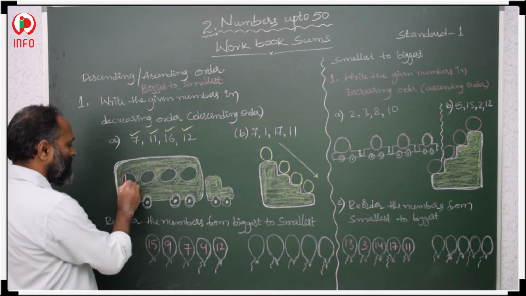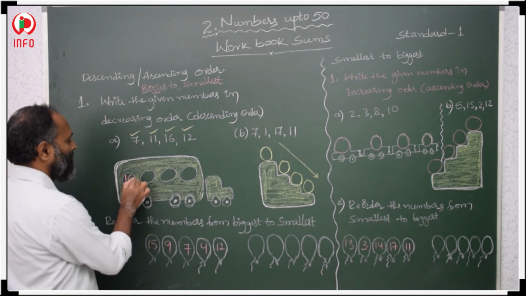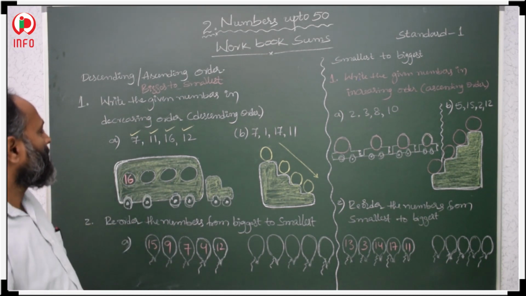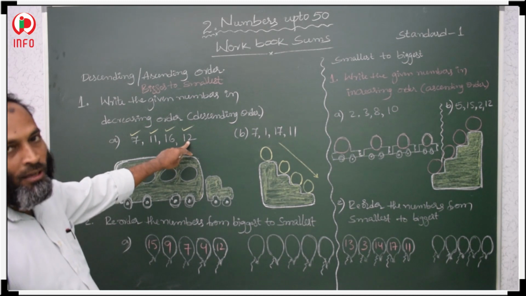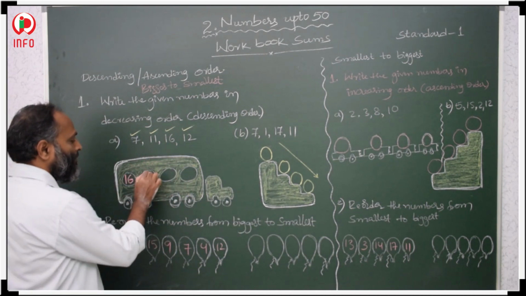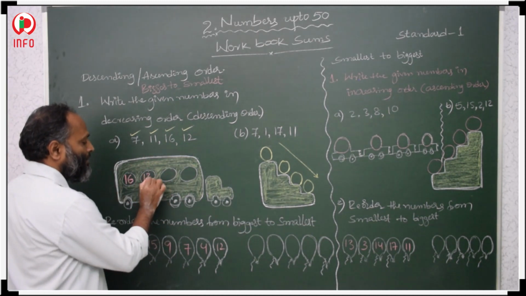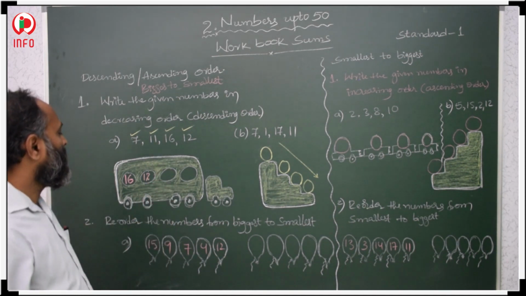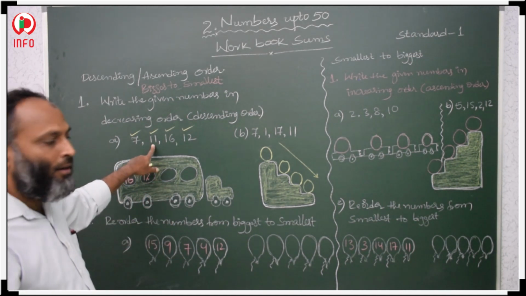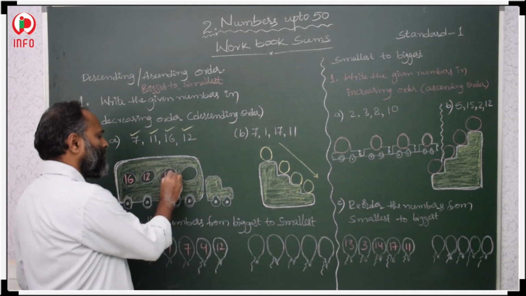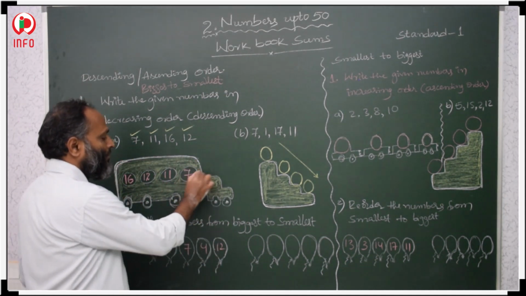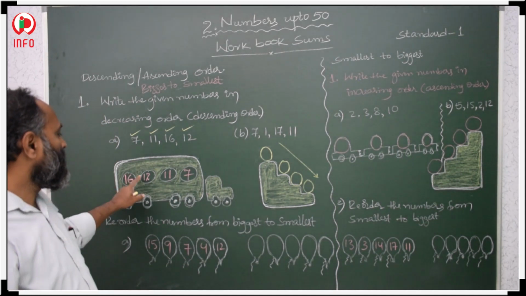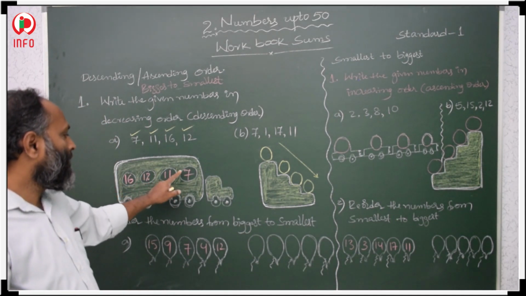Then a little bit smaller than this is 12. After 12, 11 will come. Then after 11, 7 will come. So 16, 12, 11, 7.